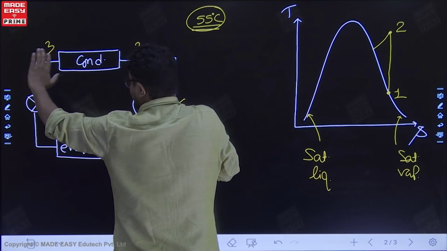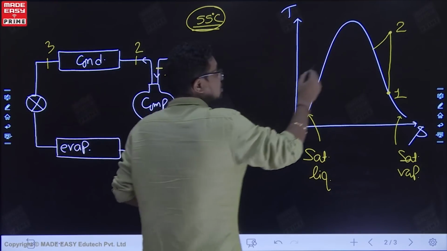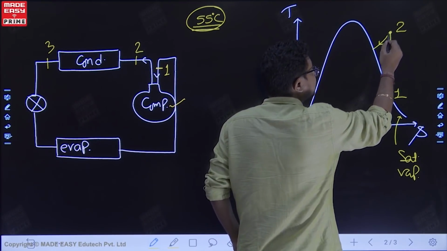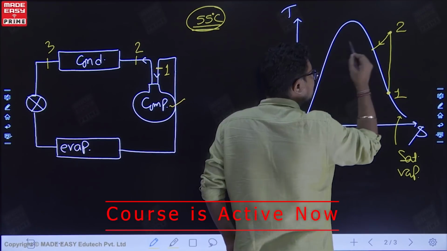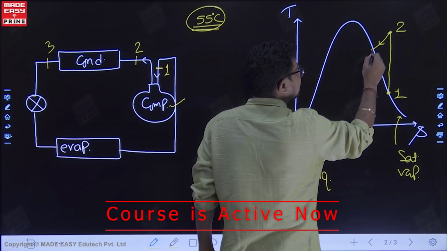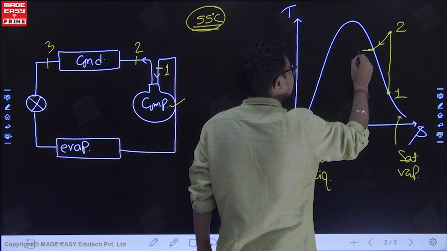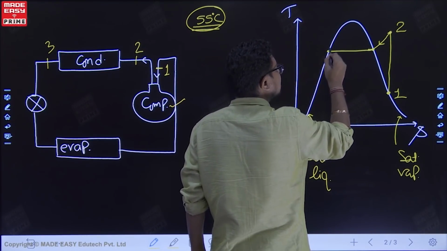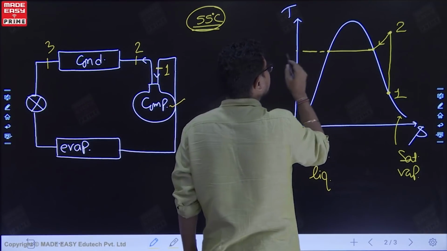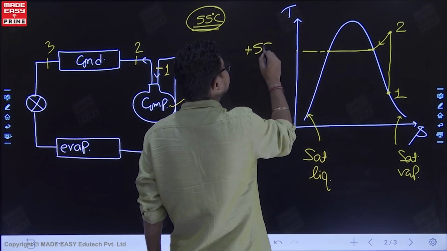At constant pressure, heat rejection takes place. So initially when the heat is rejected, the superheated vapor gets cooled down, and further when the heat gets rejected, the vapor gets converted into liquid and the temperature remains constant, that is 55 degrees Celsius.